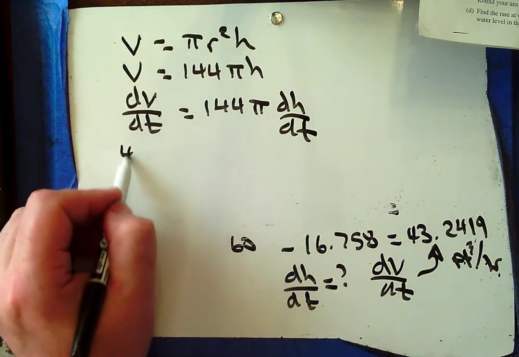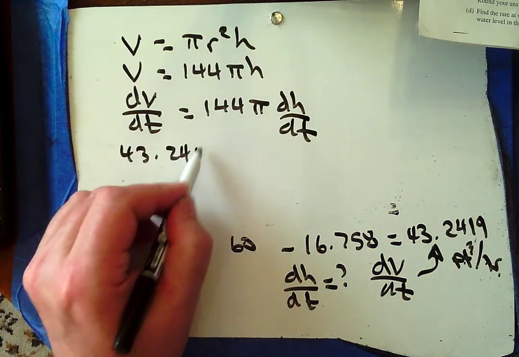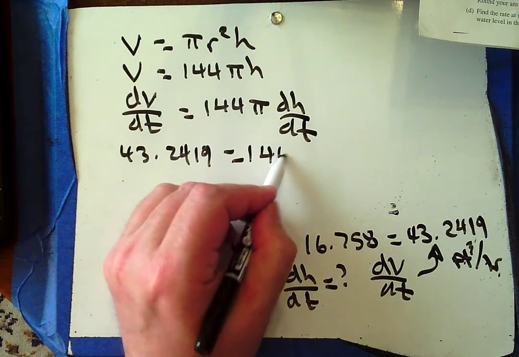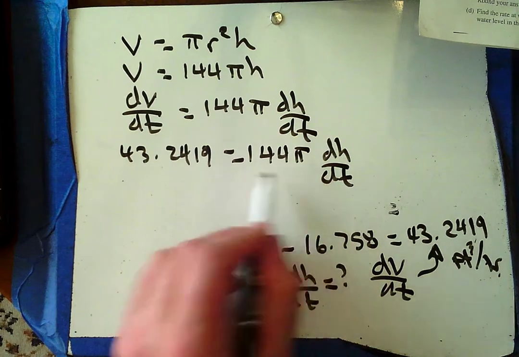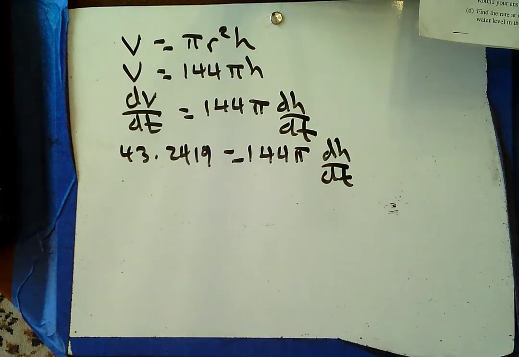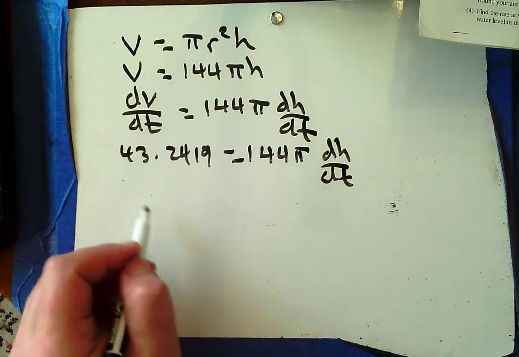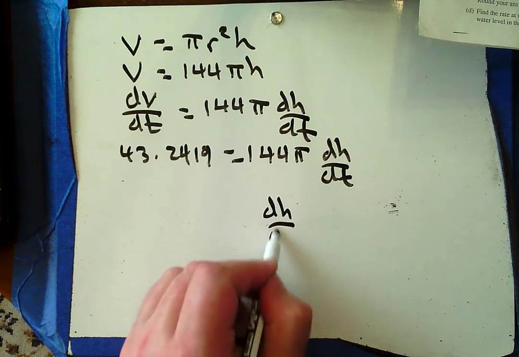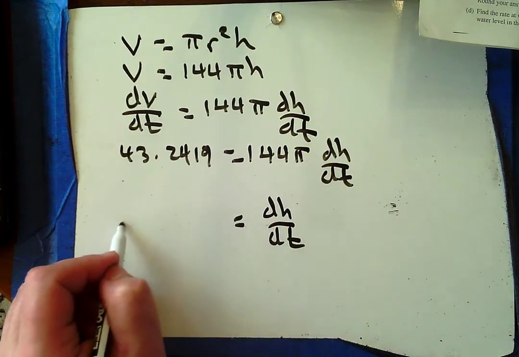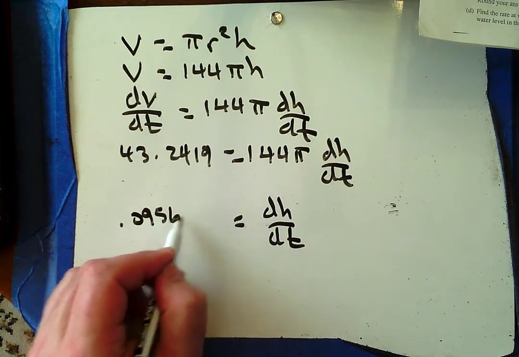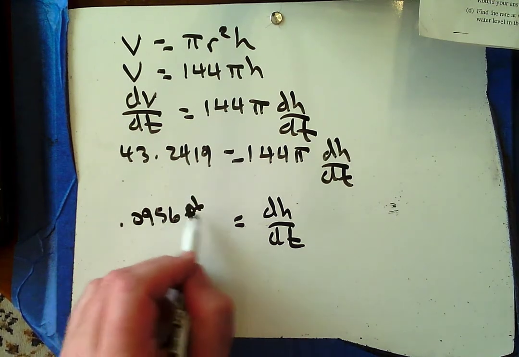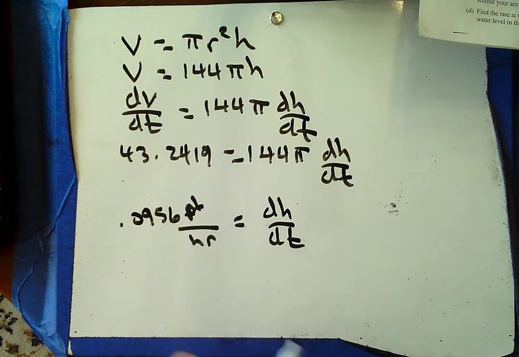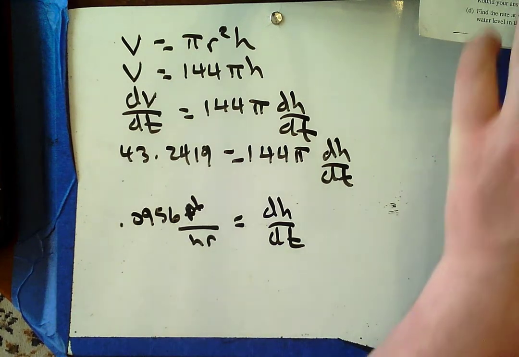I plug in my 43.2419, 144 pi dH/dt. I divide both sides by 144 pi, and I get dH/dt equals 0.0956 feet, not cubic feet, it's height, so that's feet per hour. All right, there's part D.